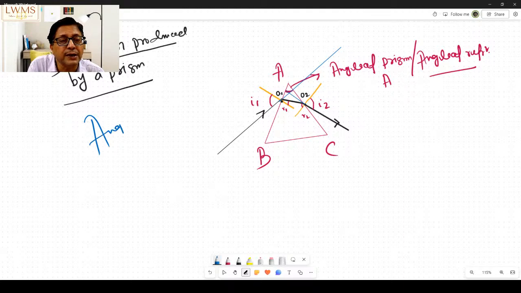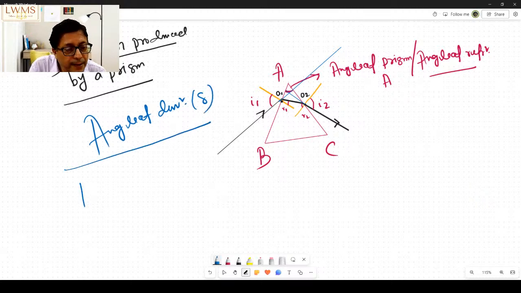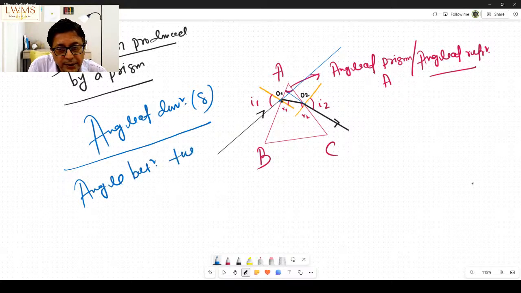Let us define. Angle of deviation we will be taking as delta. Angle between the incident ray and the emergent ray.